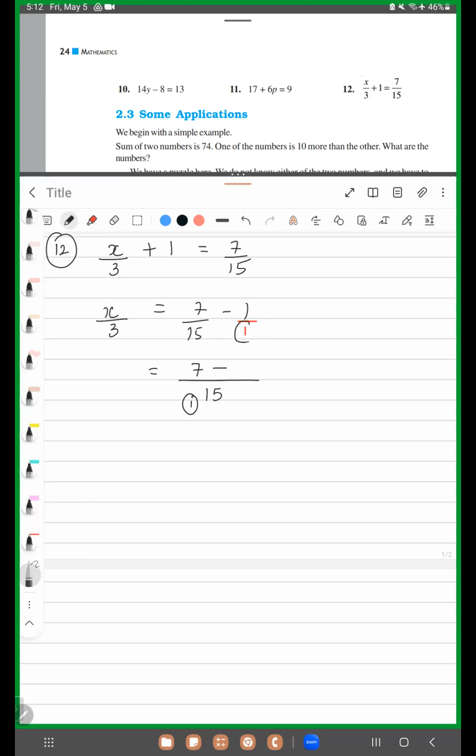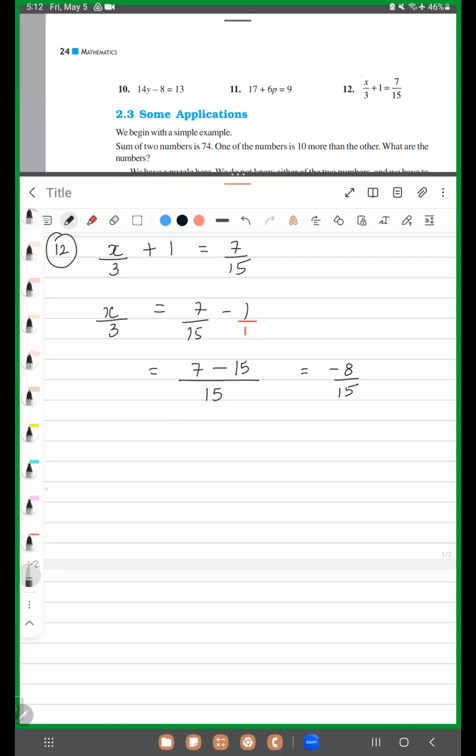Minus 1 into 15, 7 minus 15. ठीक है. What is 7 minus 15? Minus 8/15. Very good. Minus 8/15.